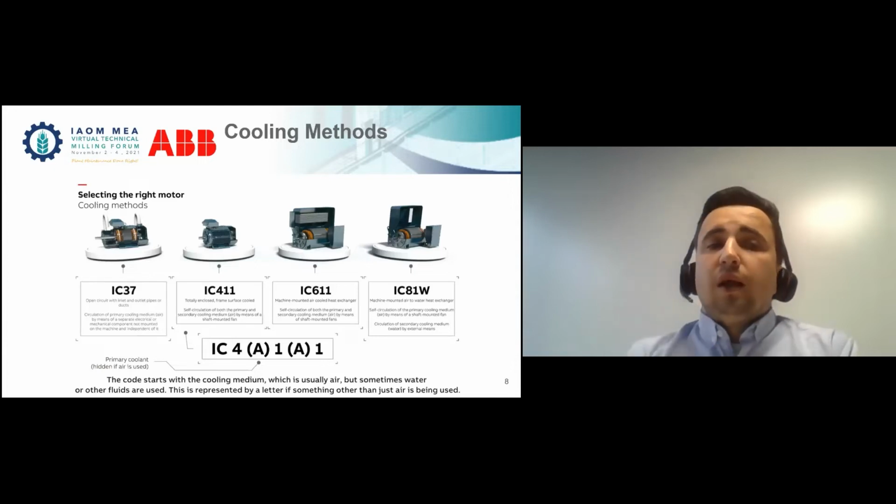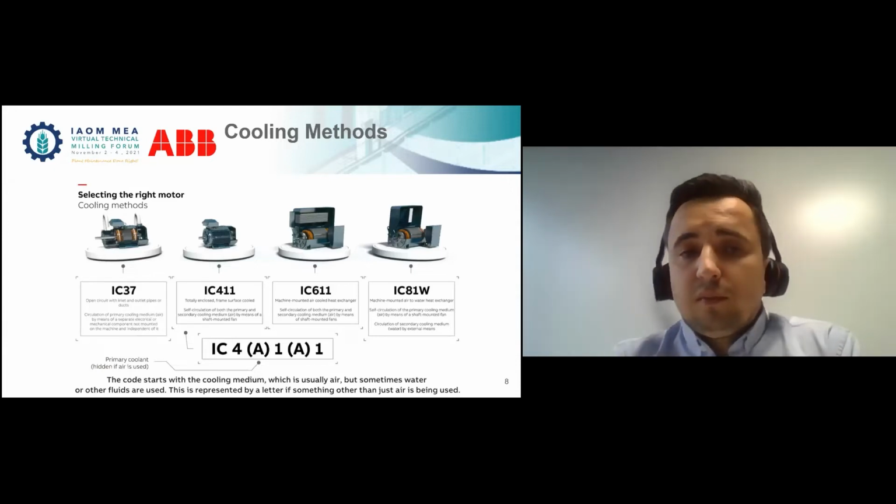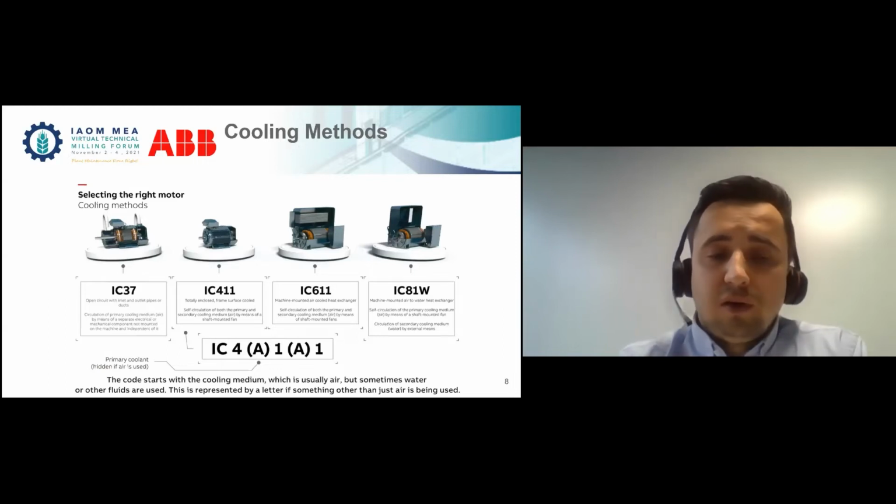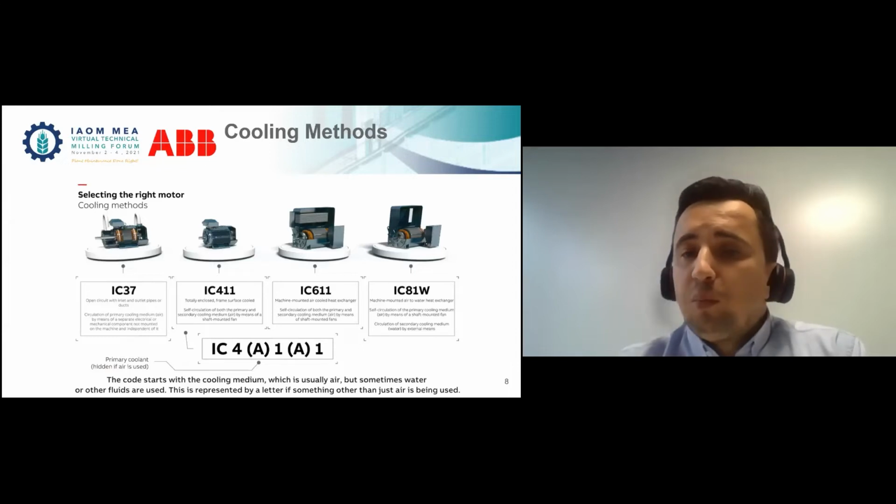Then there are also cooling methods for the motor. We can see here there are different cooling methods. We have the IC37. This is an open circuit motor where you have to deliver the cool air and channel the hot air.